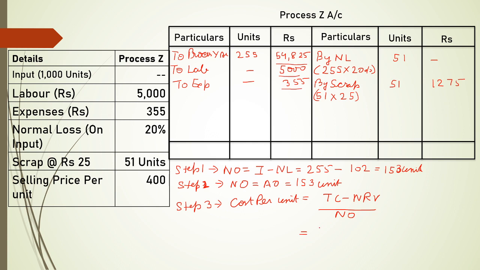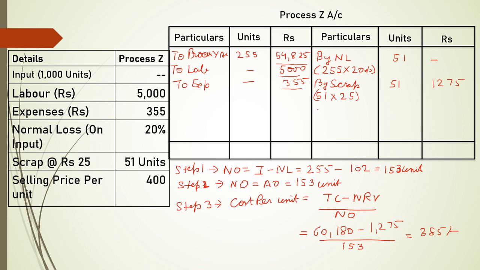So our total cost here is 60,180 rupees minus net realizable value, which is 1,275, divided by normal output 153 units. So the cost per unit of process Z is 385 rupees.